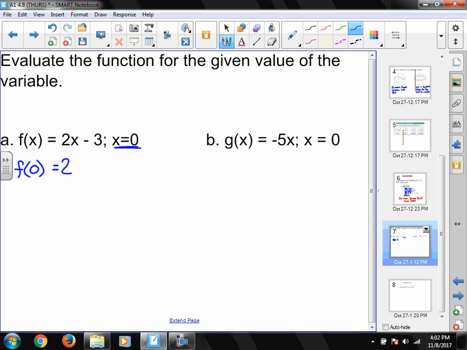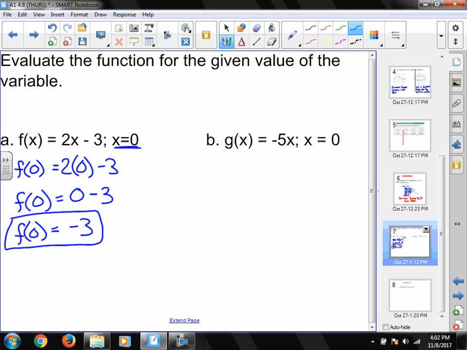So, we're going to have f and then 0 in parentheses, 2 times 0 minus 3. On the right-hand side, that is still multiplication. So, f evaluated at 0 is 0 minus 3, or negative 3. Okay? And that is where we want to be. So, that's your answer right there.